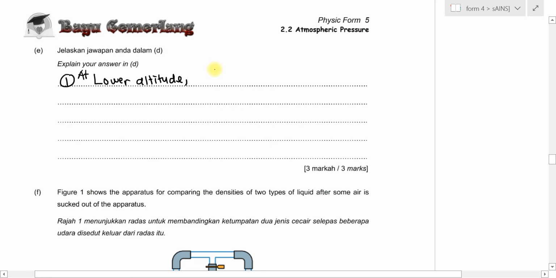More air molecules are there due to the gravitational attraction. More air molecules present, due to the attraction force of gravity.